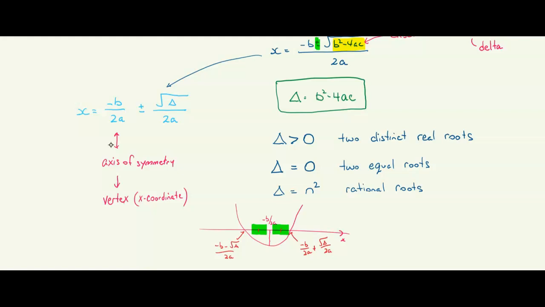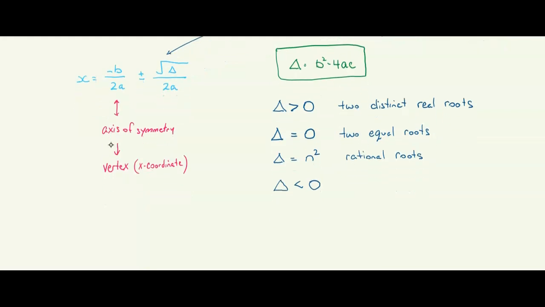And finally, I might just get rid of my little picture here. Finally, we consider the discriminant being less than 0. An example of the discriminant being less than 0 might be x squared plus 1 is equal to 0.